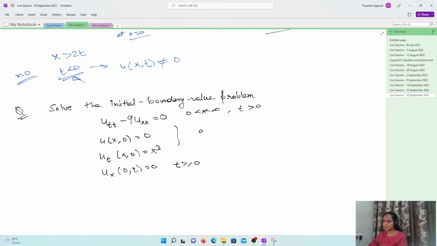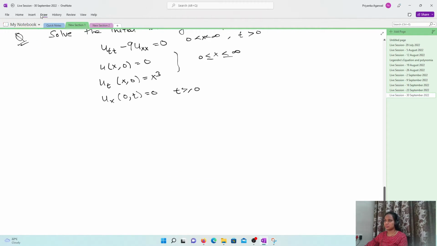Okay, so both these are valid when x lies between 0 to infinity. So now we have to solve this problem.